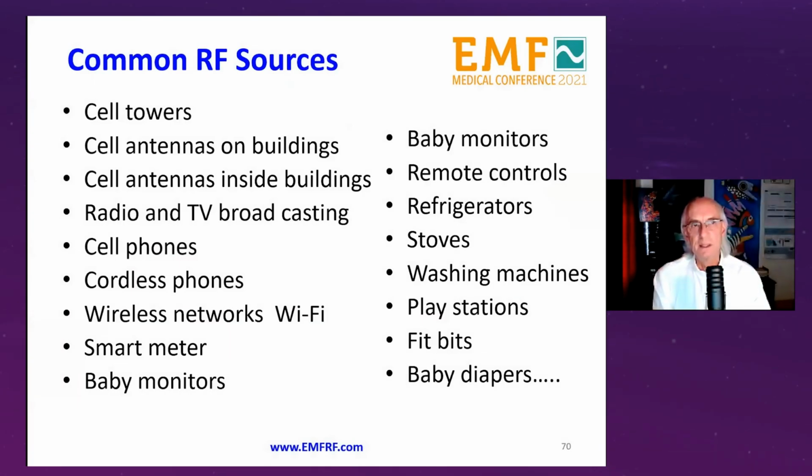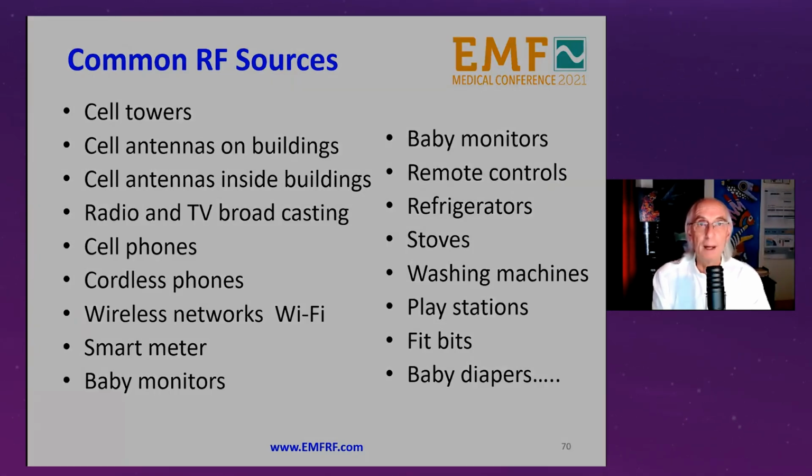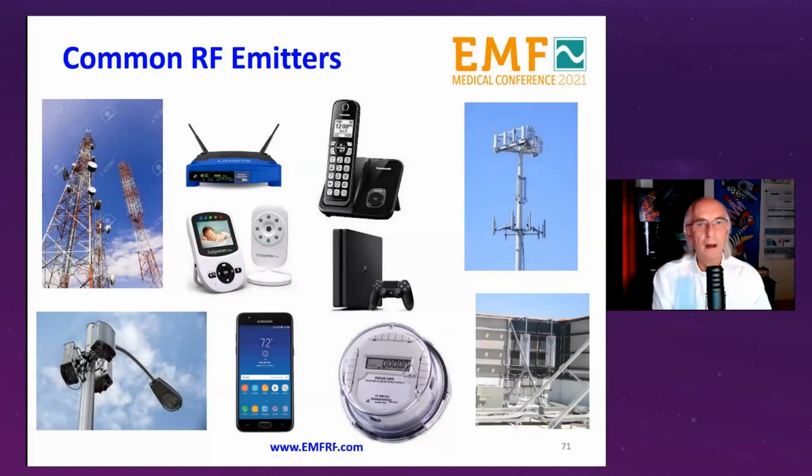It ranges from broadcast towers to cell sites to baby monitors to Wi-Fi, cordless phones, washing machines, PlayStations, Fitbits. We've even seen RF devices in diapers nowadays so that mom gets a signal on her smartphone that the diapers are wet, right? Okay. So a plethora of different devices.